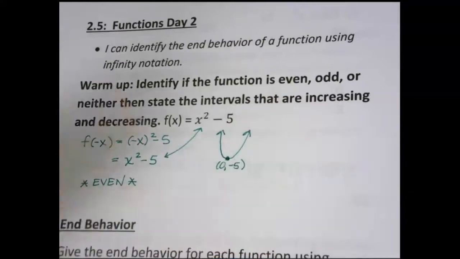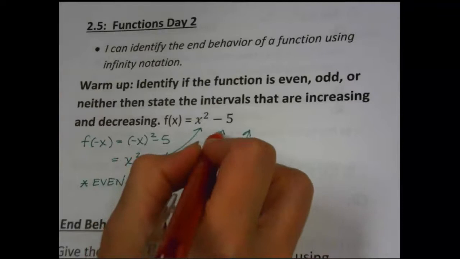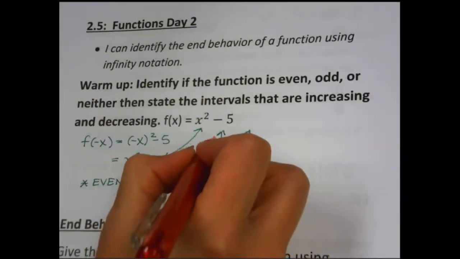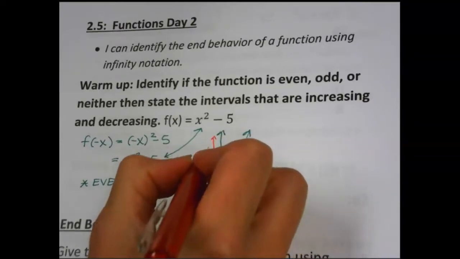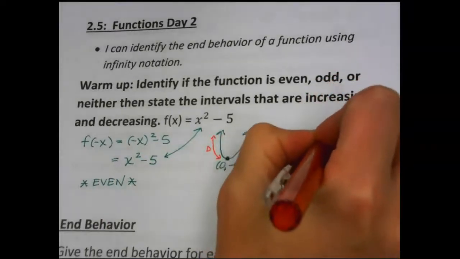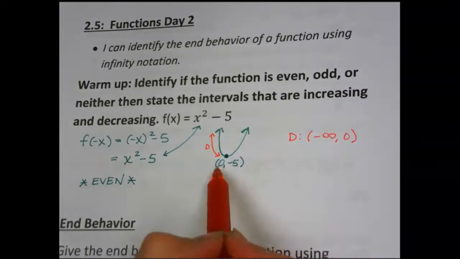And so we need to talk about where it's increasing and decreasing. So this part here, these y values are getting less as we move from left to right. So this portion on the left is decreasing. So we would say decreasing is from -infinity to 0. We always use the x value to describe the interval.